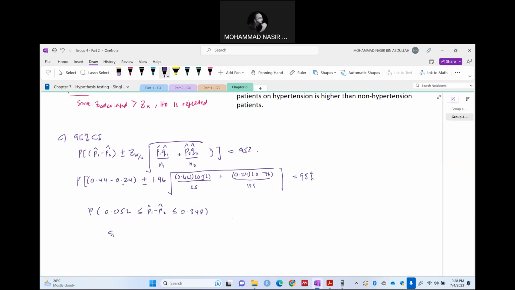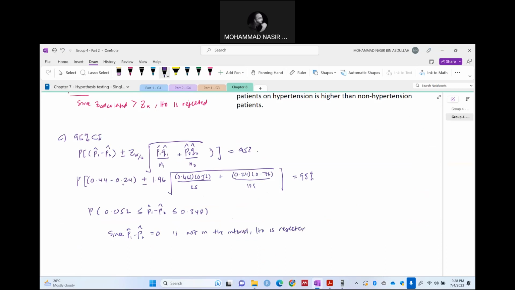So since P1 minus P2 equal to 0 is not in the interval, the null hypothesis is rejected.